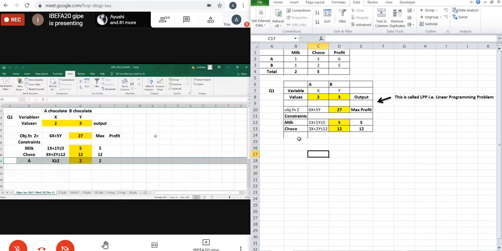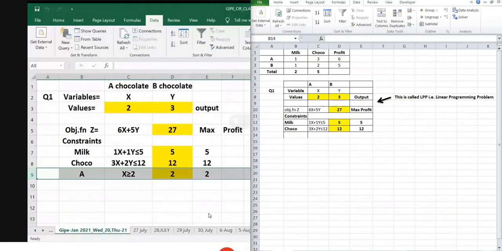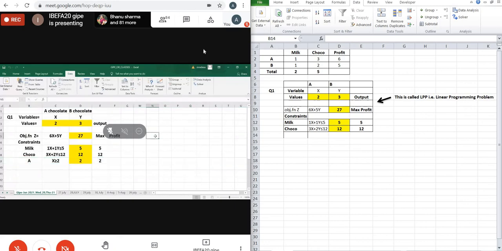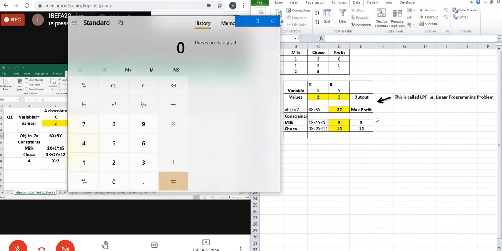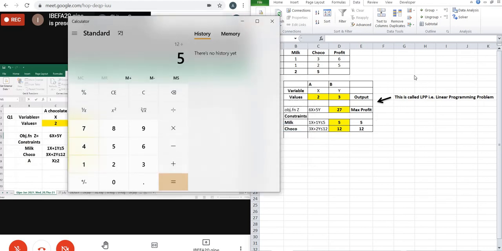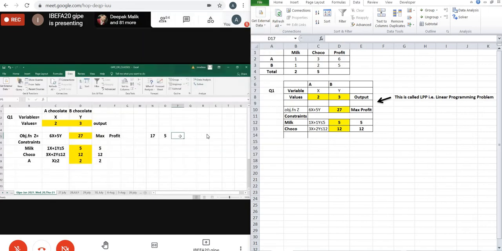Sir, 1:2.4, sir. 2/3 for the milk. Yes, and for the chocolate it would be 6/6, so 1. Any other answer? 17. That is 5 and 12.